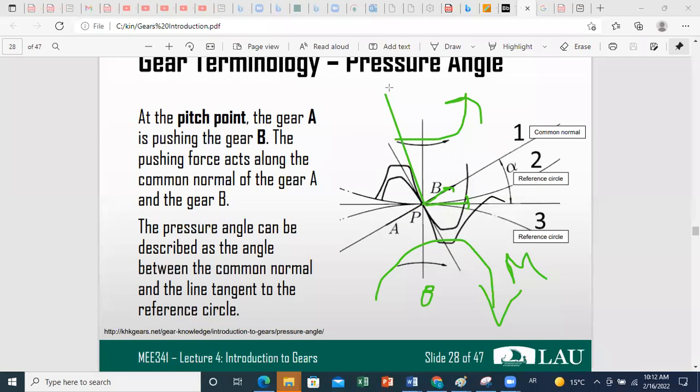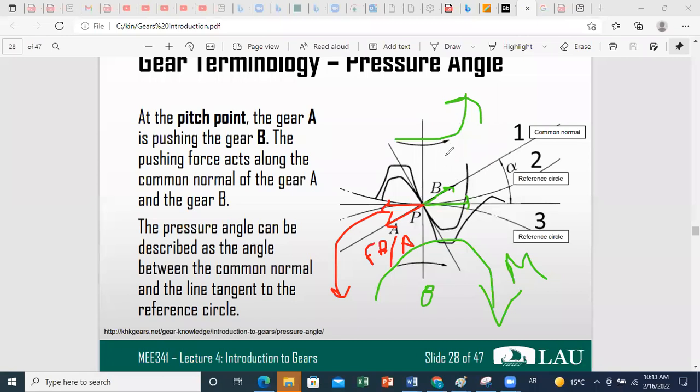So let us use another color for F of B on A. So this is F of B on A, okay? And this force, the force of B on A, will have an effect of opposition to rotation, because its projection on the tangent line is doing a couple in the counterclockwise direction. However, your gear A is rotating clockwise. So the interactive force between the gears will be opposing the motion of the driving gear, but it will be driving the motion of the driven gear.